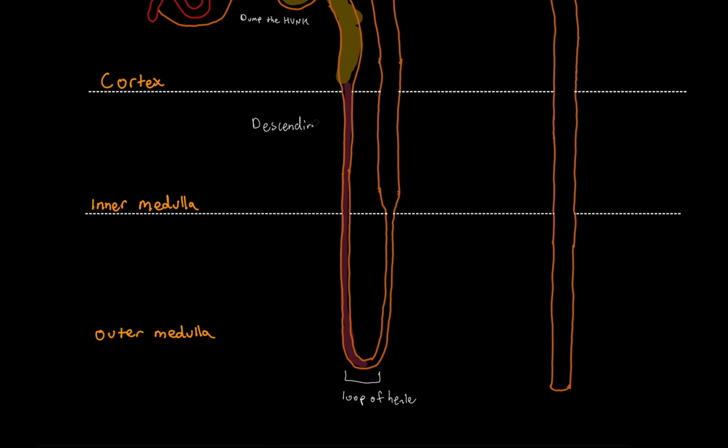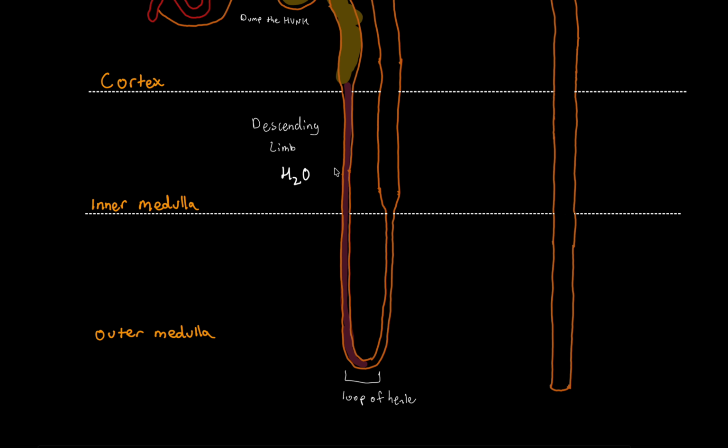The number one thing you want to know about this structure as part of our loop of Henle is that it is permeable only to water. Meaning that water is the only molecule that can flow through our descending limb, either in or out.